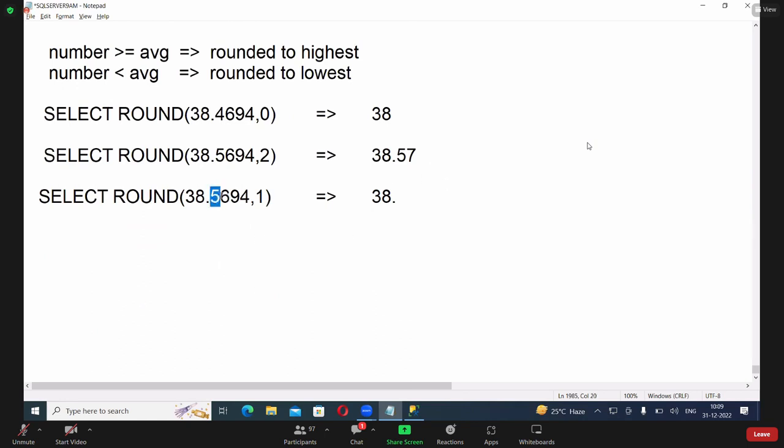This 5 is rounded to 6. 38.6. You're asking to round this number to 1 decimal, but the next digit is what? 5 or above 5. If the next digit is 5 or above 5, this 5 is rounded to 6. Okay, this is rounding.